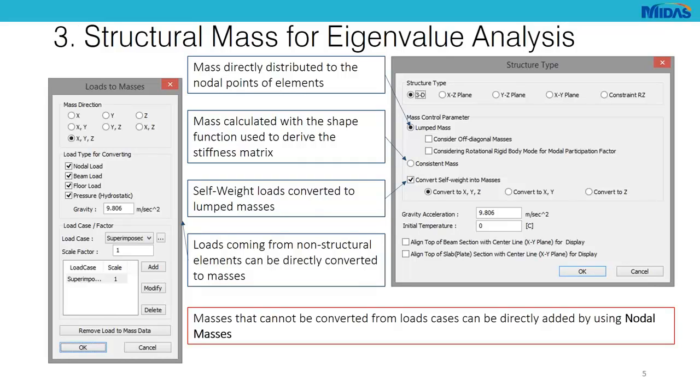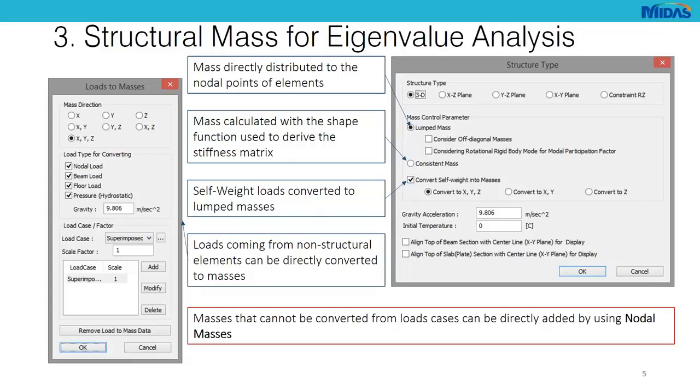Now, there are also two different ways of applying the masses to the structure. The easiest way is by simply converting load cases that are already in the structure into masses. We can convert the self-weight function directly using the option here in the structure type window, and this also allows us to choose along which direction we want to consider the mass.